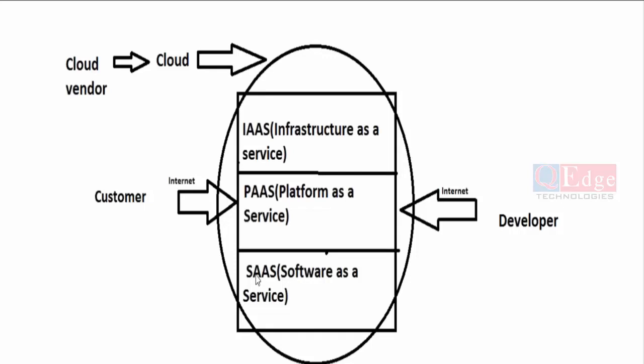They have their own API. So cloud is constructed on three phases, same as traditional computing: infrastructure as a service, platform as a service, and software as a service. As a customer or developer, if you want to interact with my cloud environment, you must have an internet connection. Otherwise, you will not interact with my cloud environment.